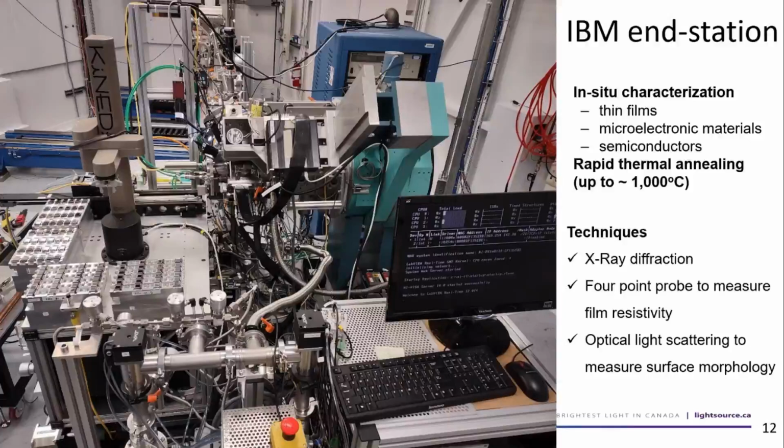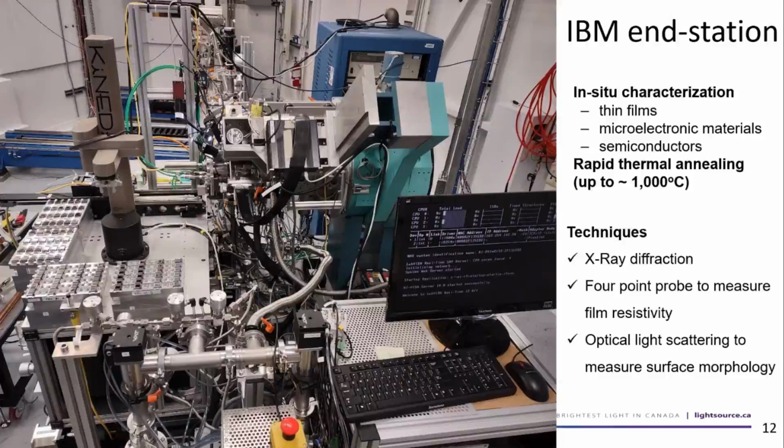And they can do rapid thermal annealing up to 1,000 degrees. And there's lots of annealings in the processing and construction of microelectronics chips. So they need to know how stable those structures are, and if there are changes, they need to know the reversibility, they need to know when it will break.